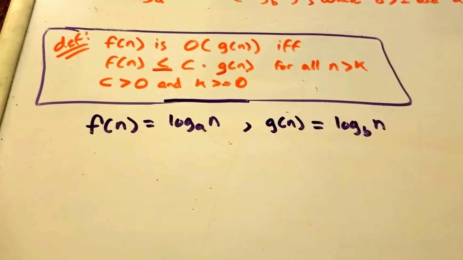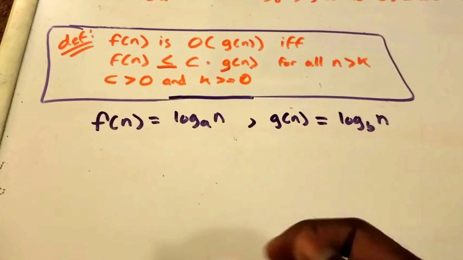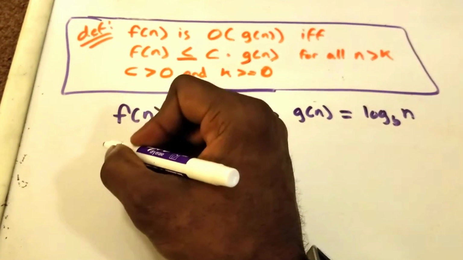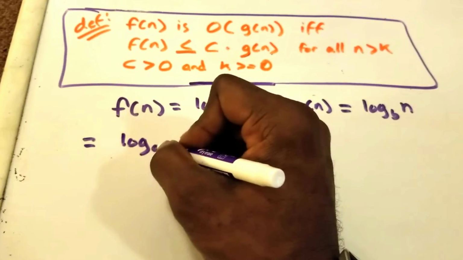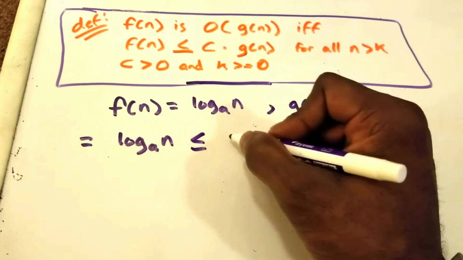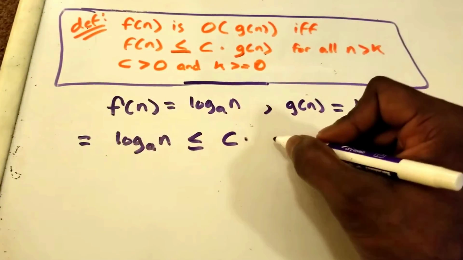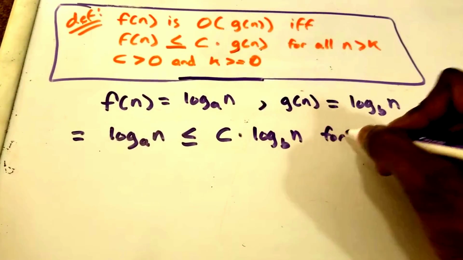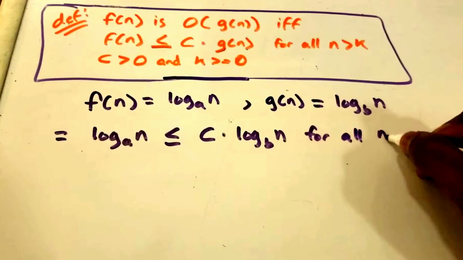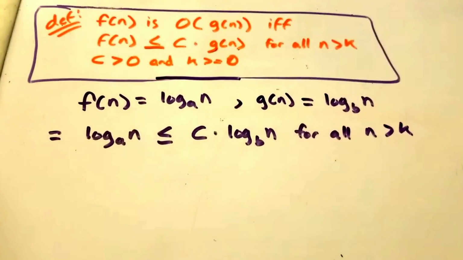Okay. So now if I write our equation out, we'll get this. Log base a of n is less than or equal to some constant times log base b of n for all values of n greater than k.